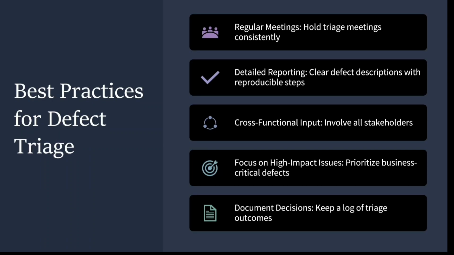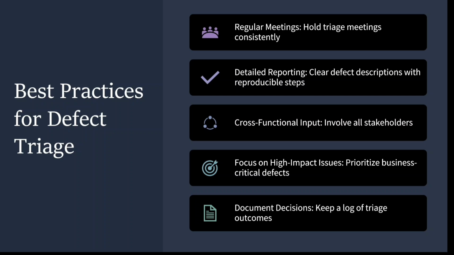Now, some best practices need to be followed while doing defect triage. Regular meetings should happen, so through those meetings we can learn about defect triage. Then detailed reporting should happen, with a clear defect description and proper steps, and also cross-functional input.